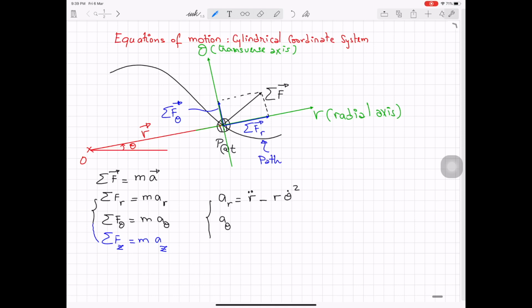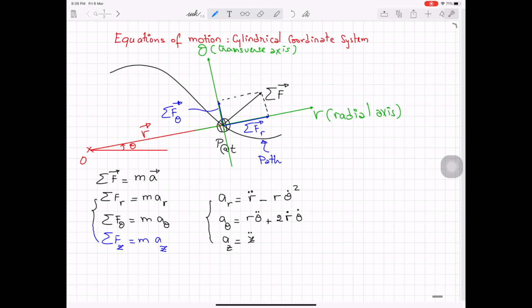The transverse acceleration is equal to r times theta double dot, which is the angular acceleration, plus 2 times r dot theta dot, and a_z is the second derivative of the z component of the position.